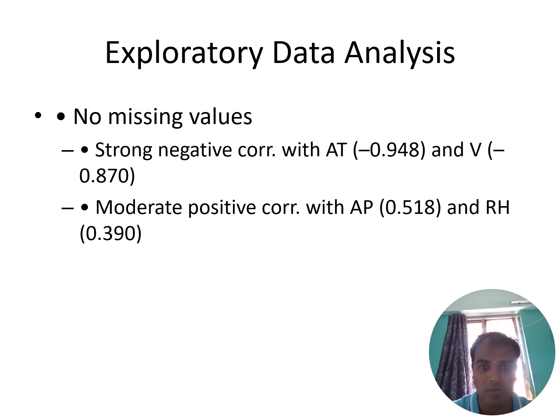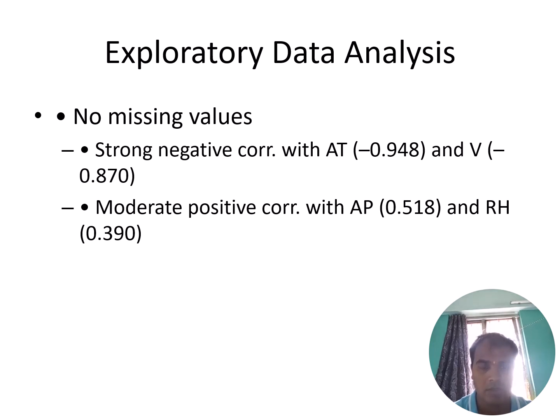So the findings of the exploratory data analysis is that after cleaning the data, I find that there are no missing values, and I find that there is a strong negative correlation with AT, the value to be exact is minus 0.948, and V, that is minus 0.870, and there is a moderately positive correlation with AP of value 0.518 and RH 0.390.